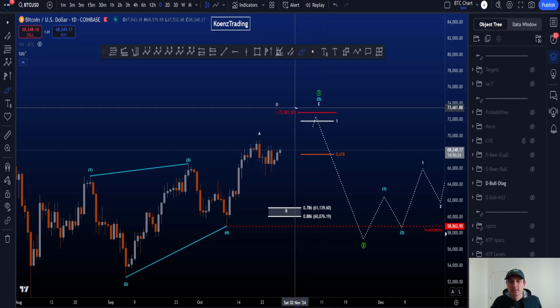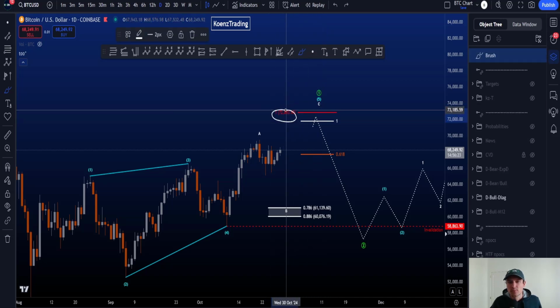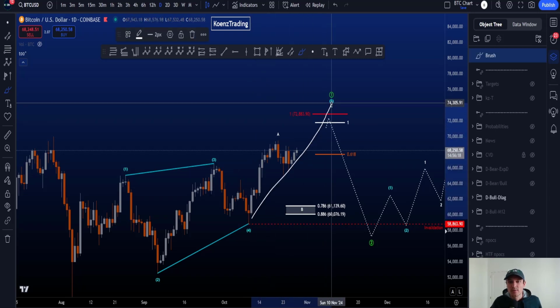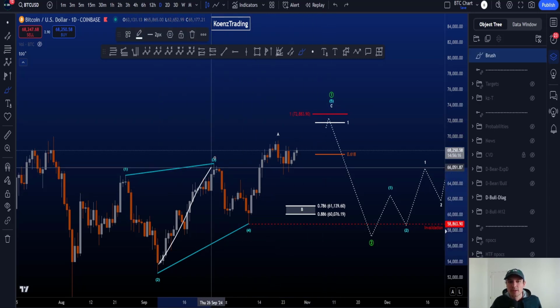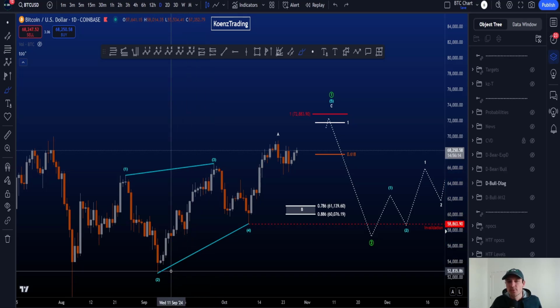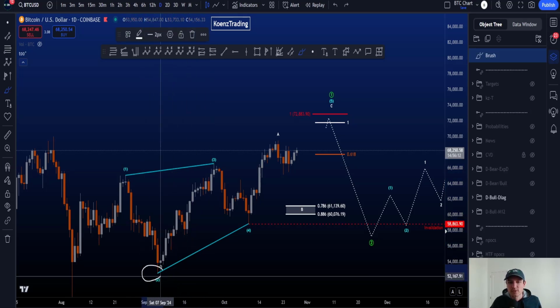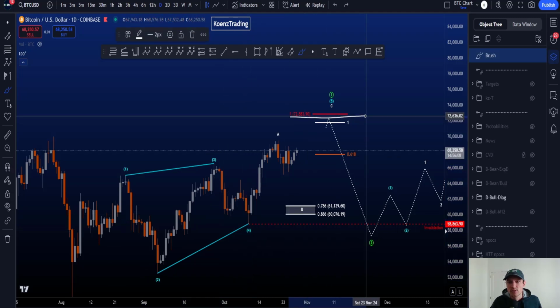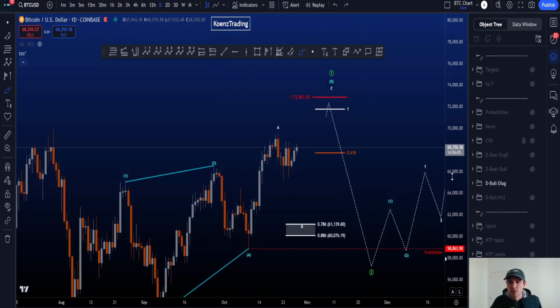The reason that 72.8, almost 72.9k, is an invalidation is because your wave 5, your blue 5, is not allowed to be longer than your blue wave 3. And if you take a trend-based fib extension from the start to the end of 3 to the end of 4, this 1-to-1 is the level that you get on your chart.